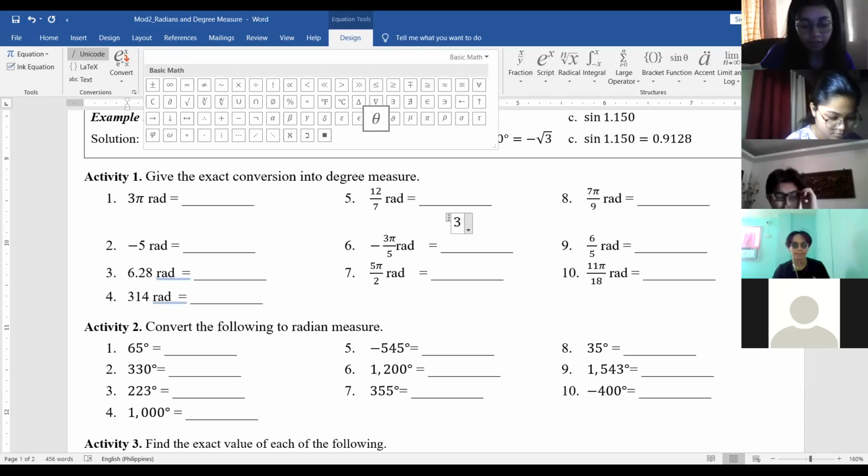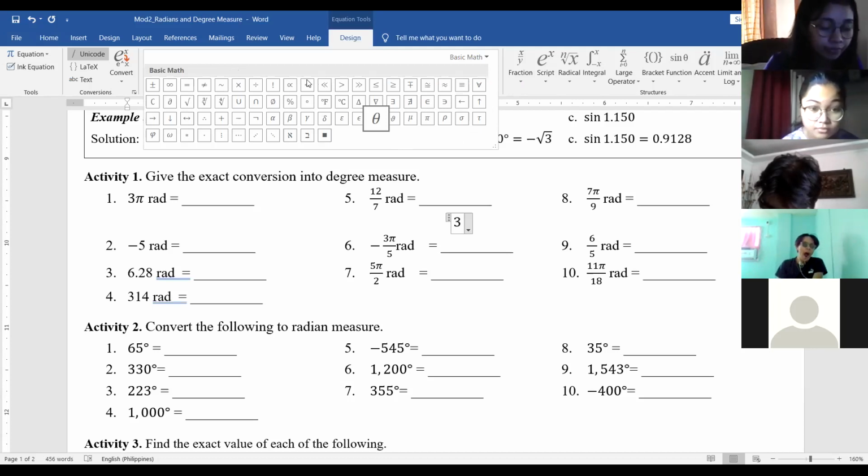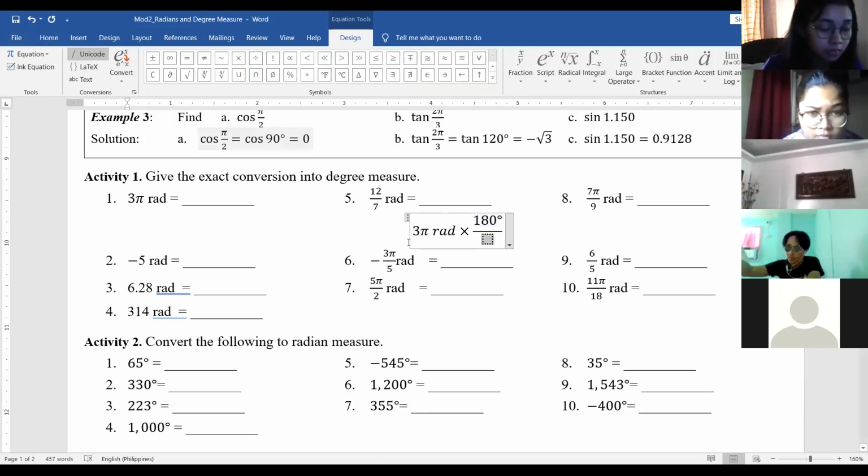Okay, to solve number 1, 3 pi radian will be multiplied by the conversion of radian to degree measure, and that is 180 degrees over 1 pi radian. Some might forget this.